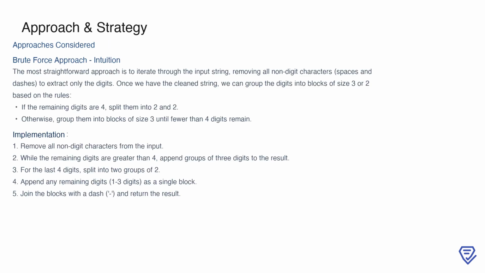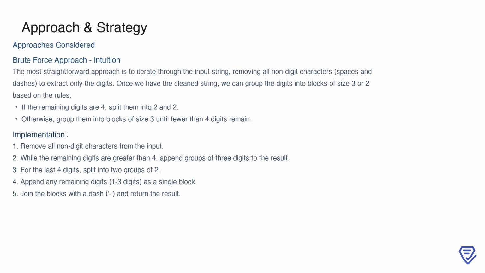To solve the reformat phone number problem, the brute force approach offers a straightforward and intuitive method. First, we iterate through the input string to remove all non-digit characters, such as spaces and dashes, leaving us with only the numeric digits. Once we have this cleaned version of the input, we can group the digits based on the rules provided.